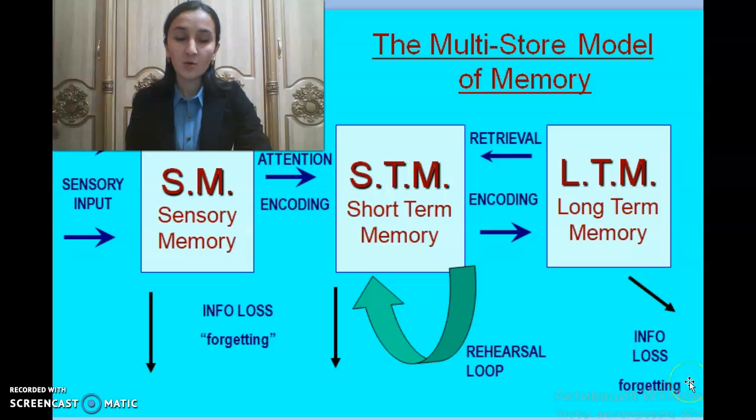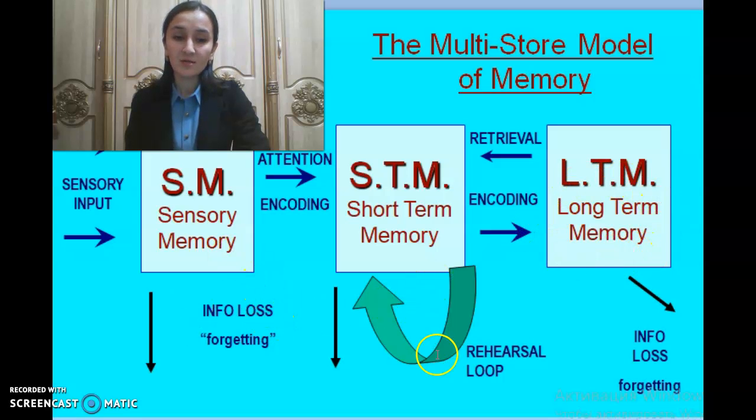Okay, let me continue with the multi-store model of memory. As you see, it is also divided into several, I can say, categories. It starts with sensory input, then goes to attention, then encoding. But the encoding turns back with retrieval, and encoding goes to long-term memory. Sensory input means the sensory memory, and it is given to short-term memory as an encoding, and as an encoding it also goes to long-term memory.